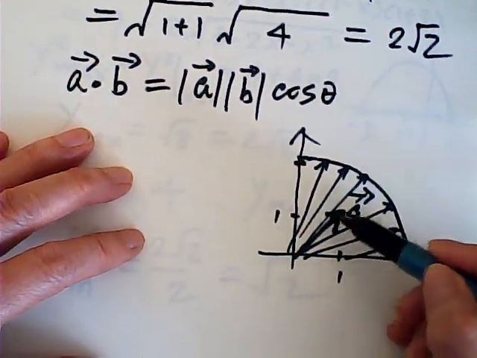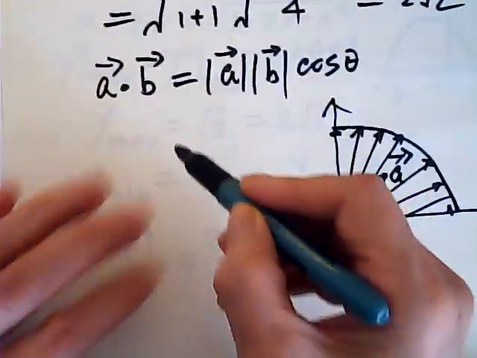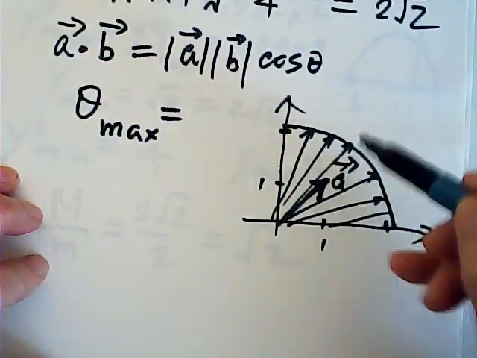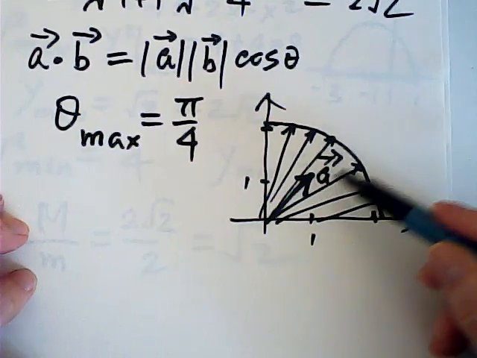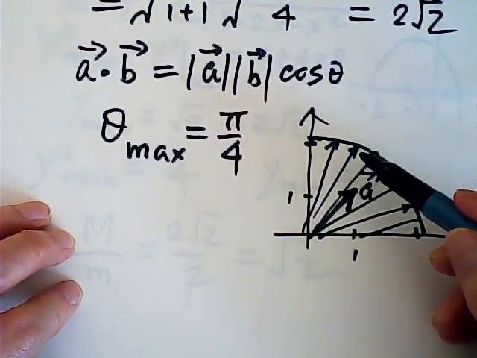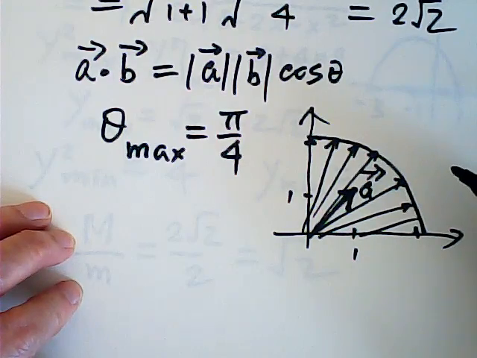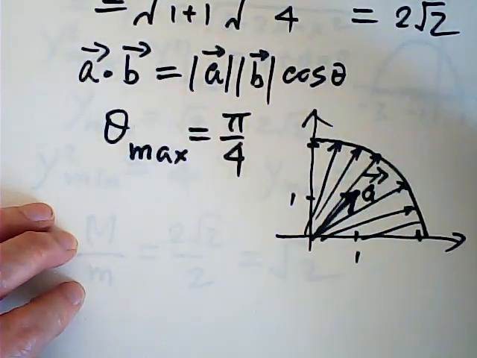Therefore, the maximum angle between A and B, theta maximum, is equal to quarter pi, because the angle between A and B cannot be greater than quarter pi. A larger angle gives a smaller value of cosine theta.